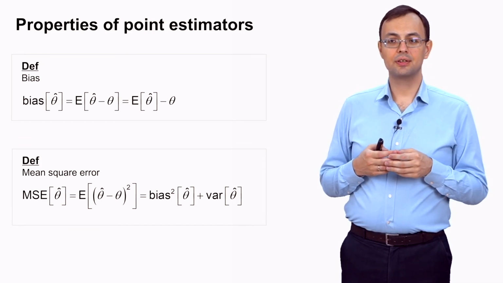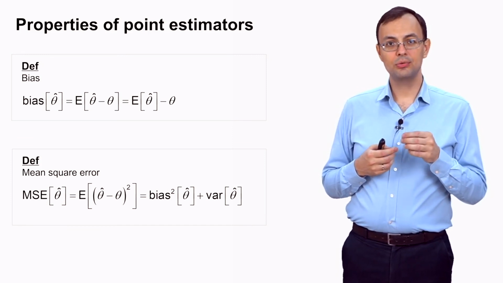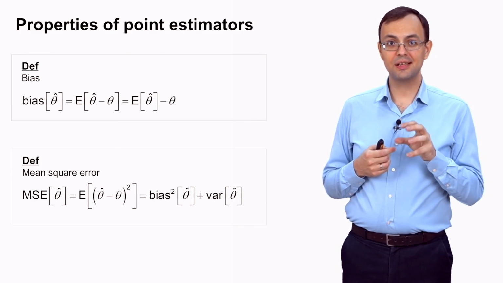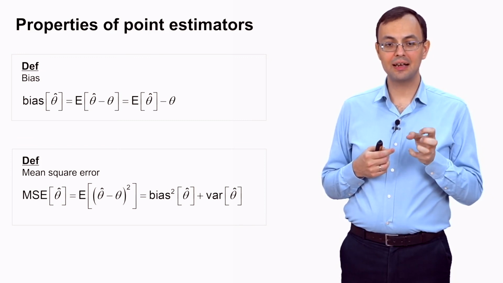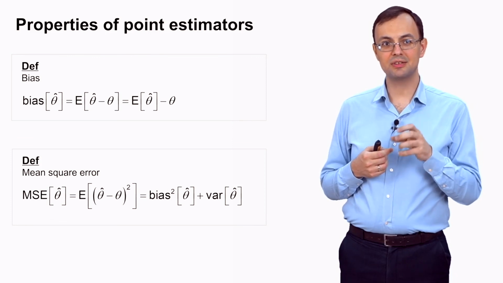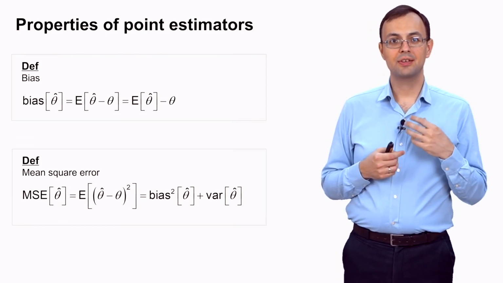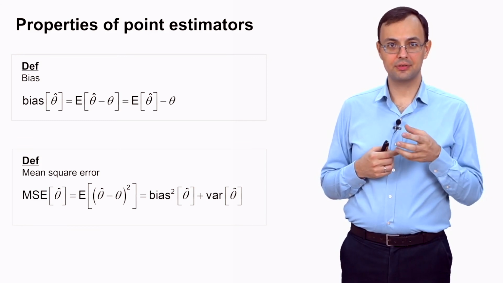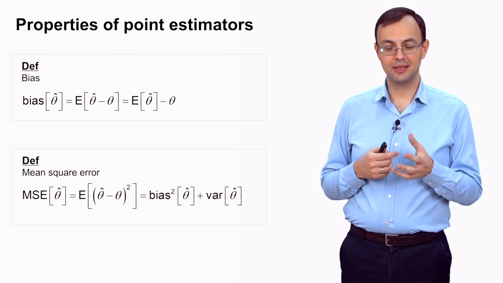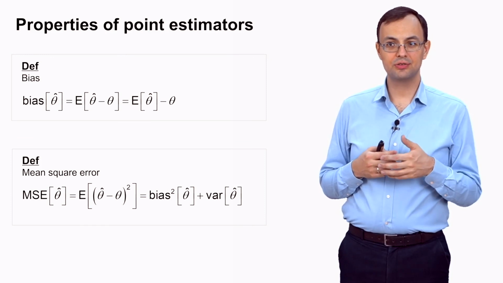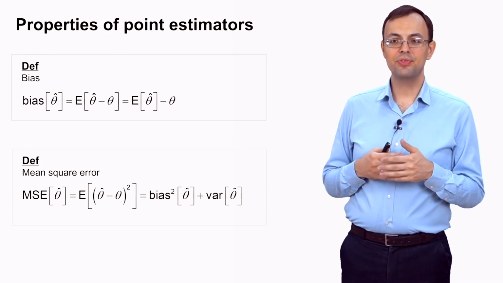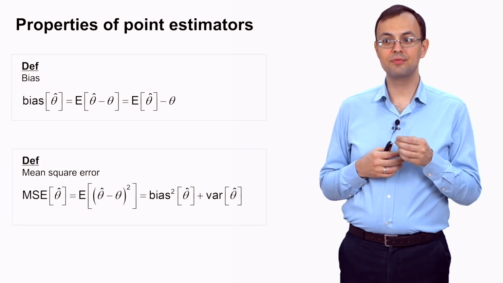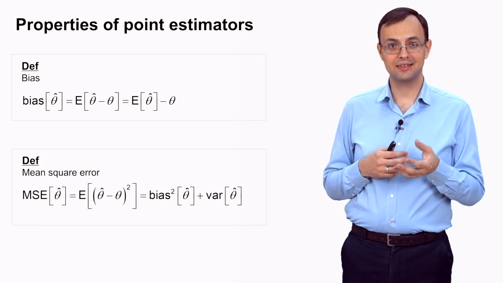We know that the variance of a random variable is equal to the expected value of x squared minus the squared expected value of x. We can use this formula to derive another expression for the MSE that is more convenient to use. We can prove that MSE is equal to the squared bias plus the variance of an estimator.